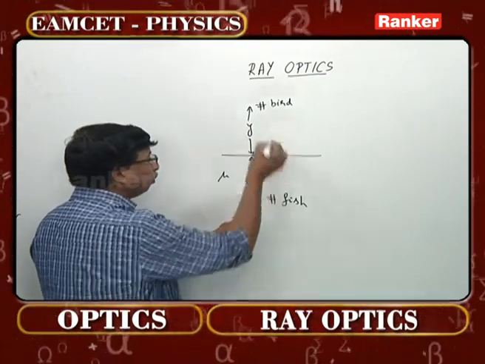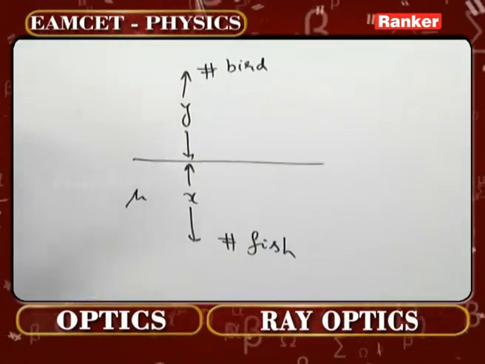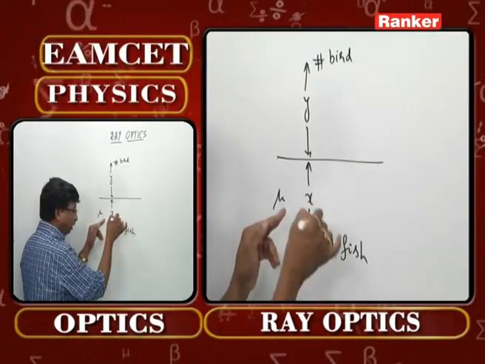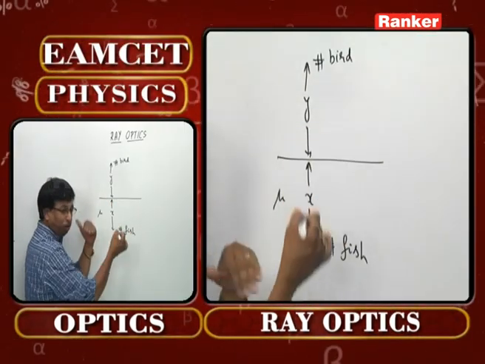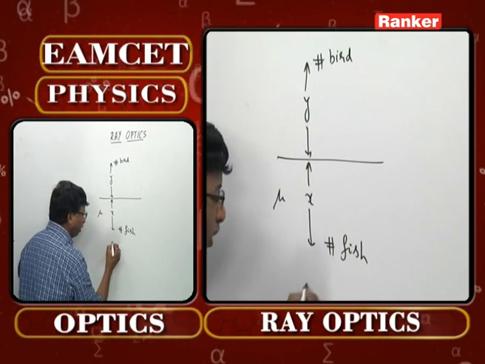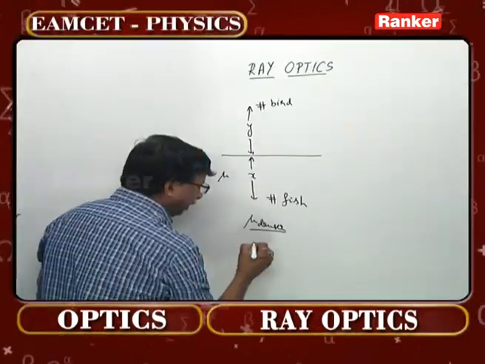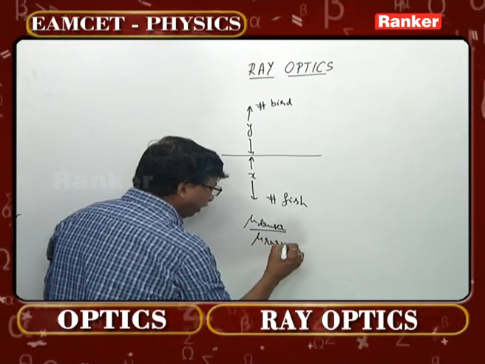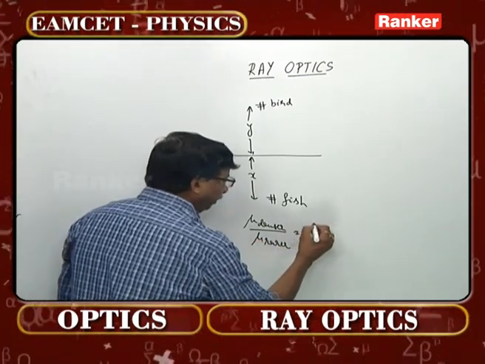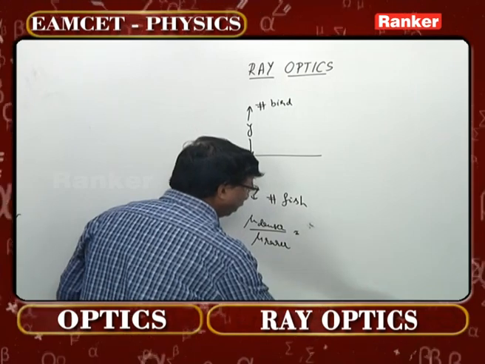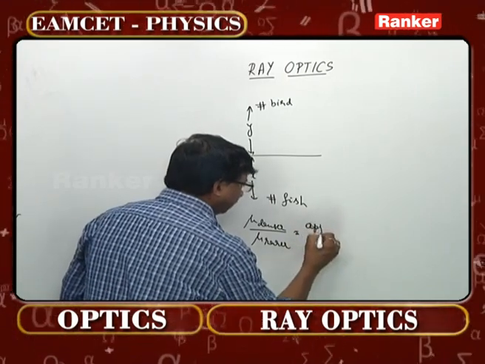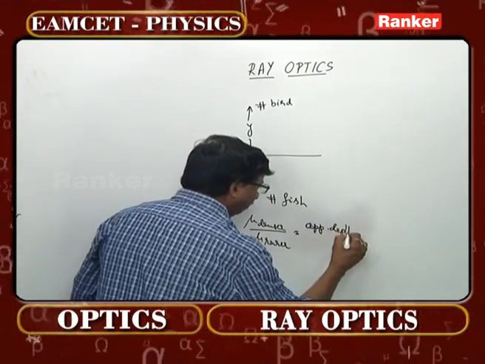Now the fish is looking at the bird. Looking at the bird means what? Fish is in the denser medium, it is looking into the rarer medium. Then what is the formula to be taken? Mu denser by mu rarer is equal to apparent depth by real depth.